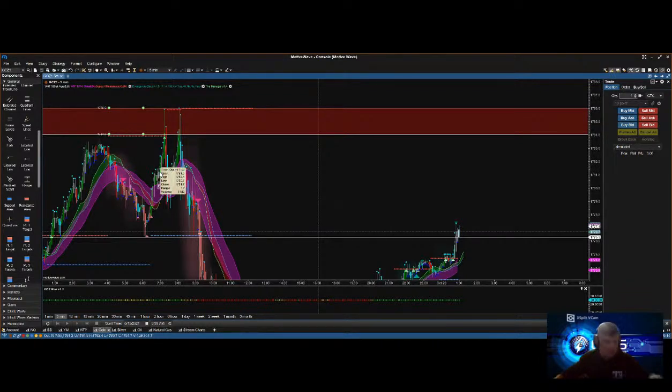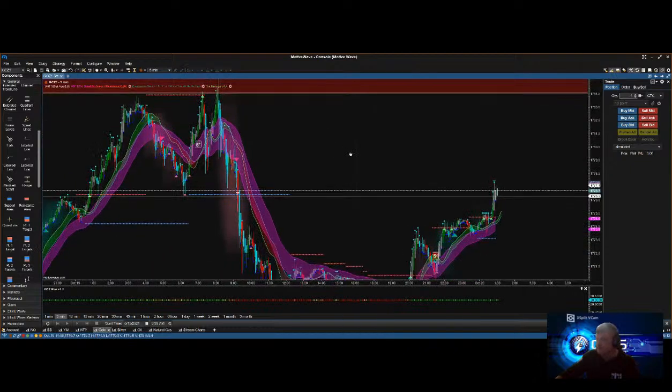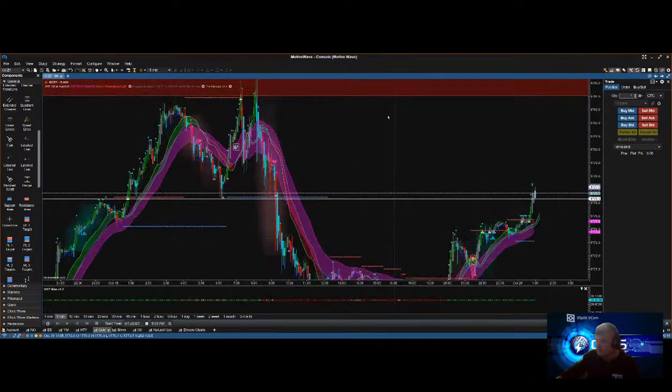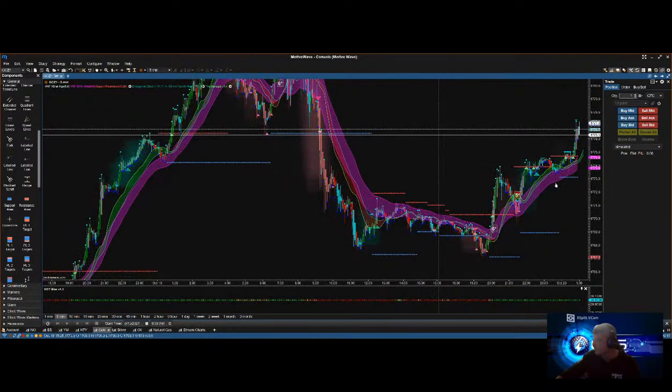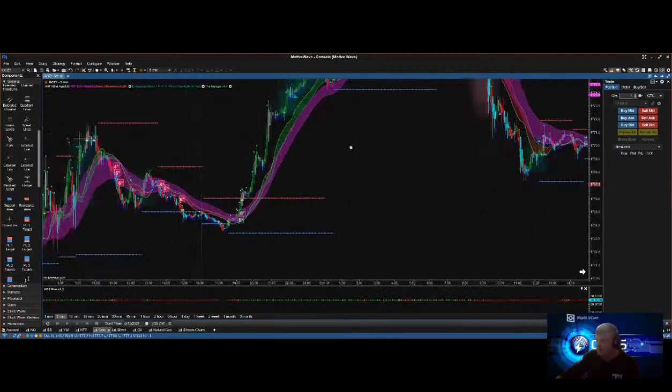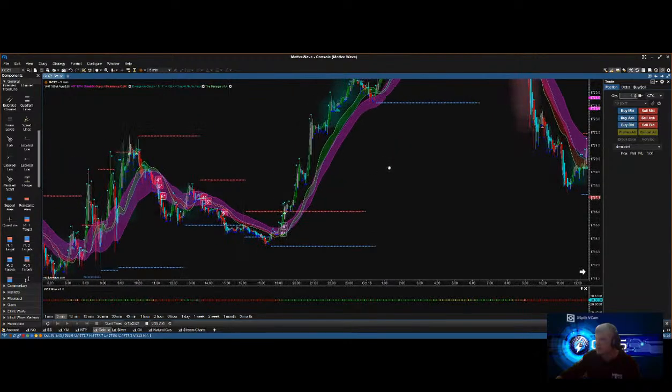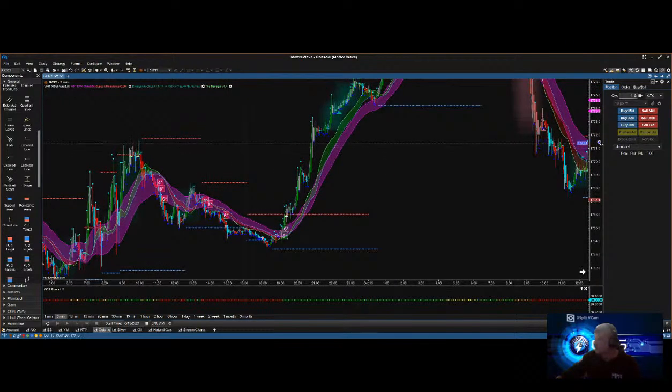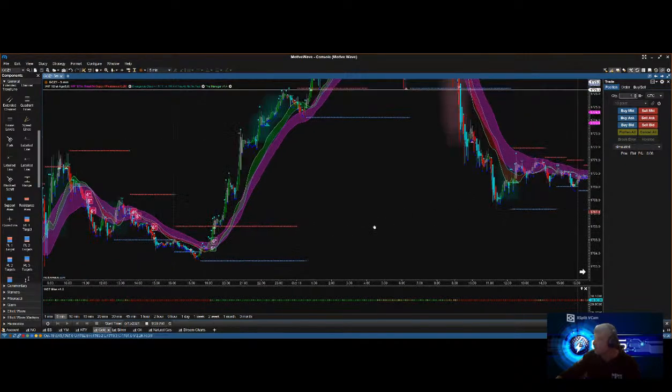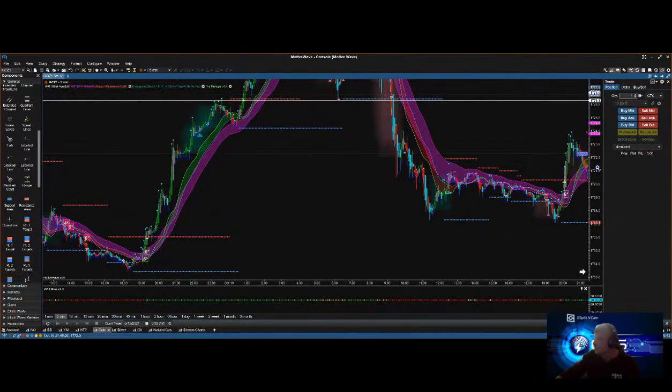And then support wise, let's see here. Let's find that real quick. Let's see here. Looks like 71.